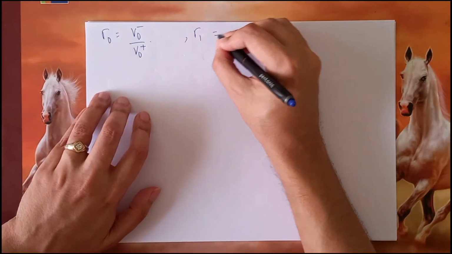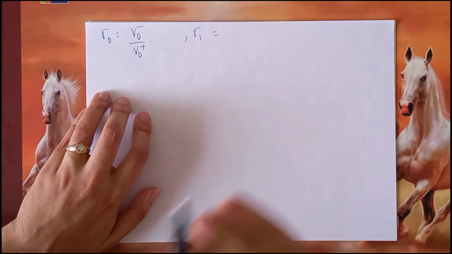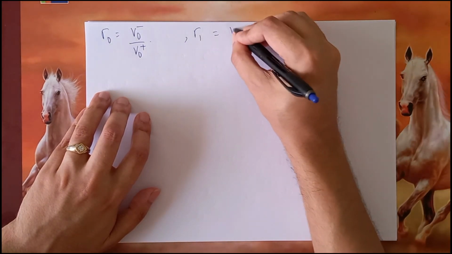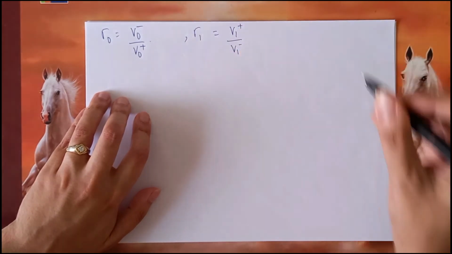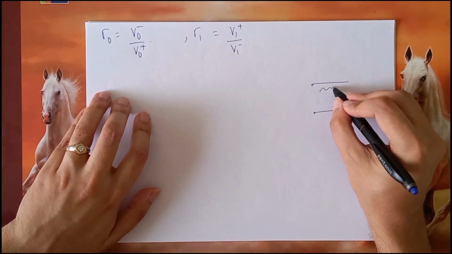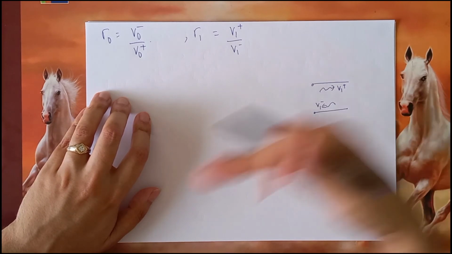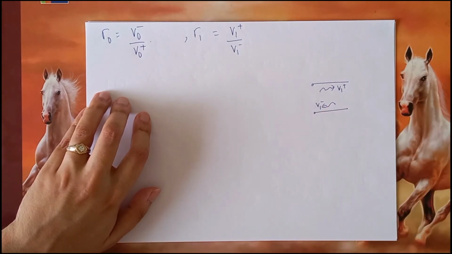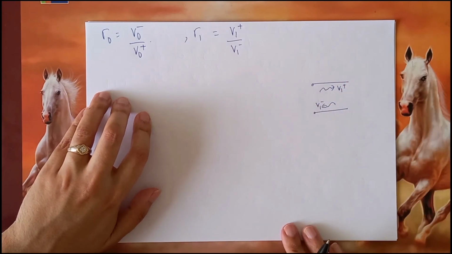Since it is the backward wave, we have to consider V1 plus and V1 minus. So in this case, the backward wave will be V1 plus and the forward wave will be V1 minus. So V1 plus wave is this one and V1 minus wave is this. But for the backward wave, this is the forward wave. So therefore, we have to do V1 plus divided by V1 minus.